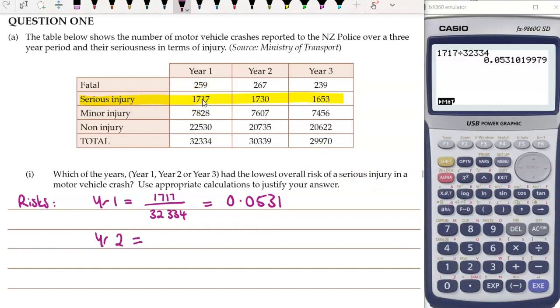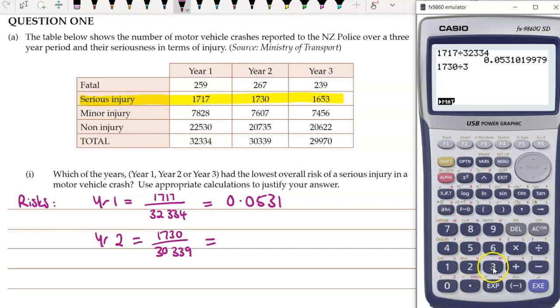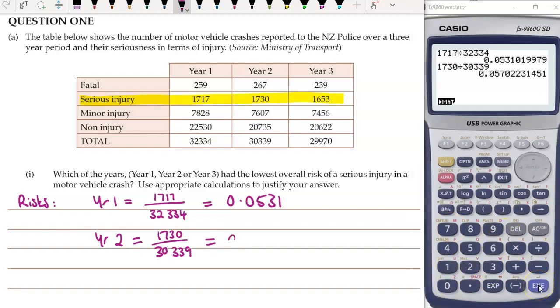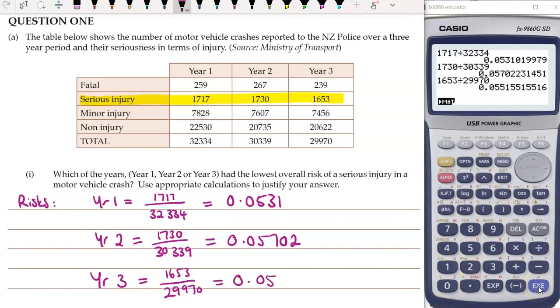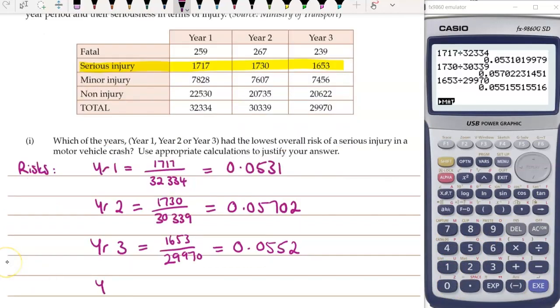Year 2 is 1730 out of 30,339, so 0.05702, and year 3 is 1653 out of 29970, so 0.0552. Year 1 is the lowest risk.